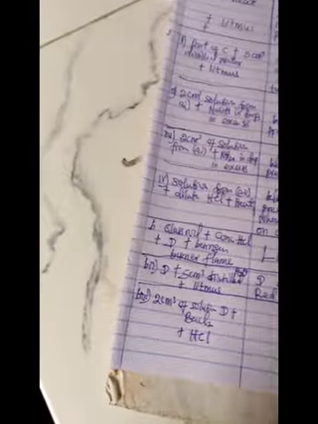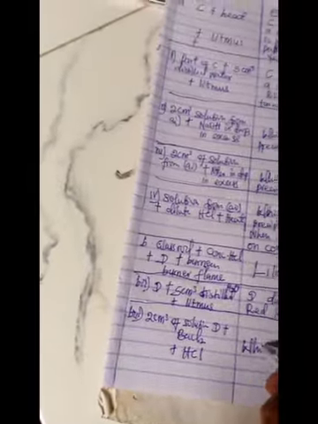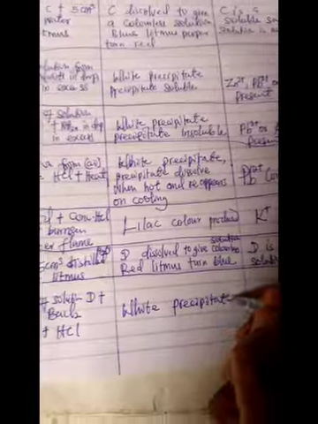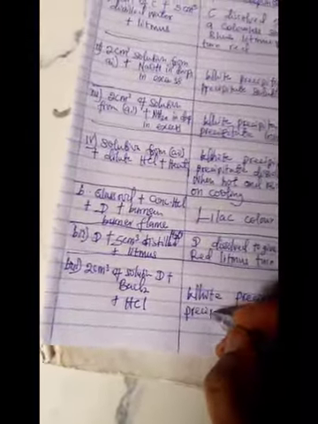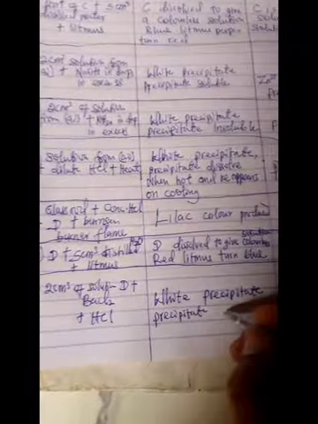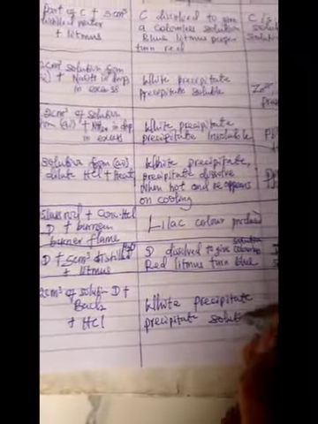With barium chloride, you must write white precipitate. That's what you will see. Always write precipitate in full. Against HCl, if you now add it, the precipitate will dissolve. So what will be our observation?